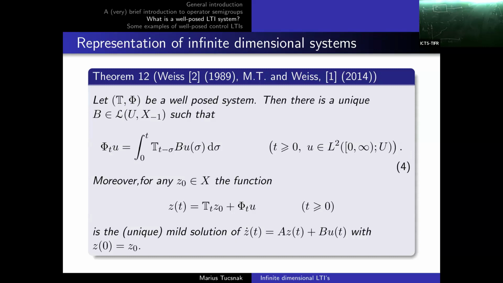That's important. That's why I need X minus 1. He shows that B necessarily should be allowed to go in larger spaces. Of course, B could be bounded in X. We have a lot of examples, but this is not mandatory.